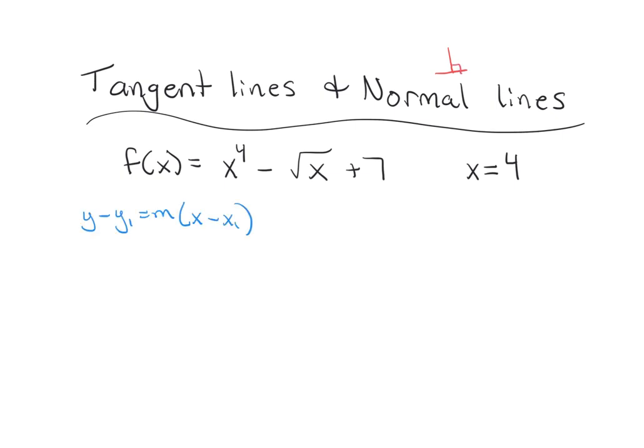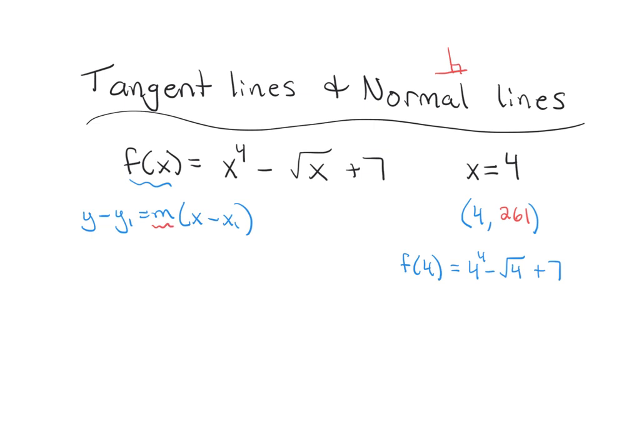To write the equation of the tangent line, we use the point slope formula. At the value of x, we first need to know the y value of this function at 4. When you plug 4 into the function, you will get 261. So there's your x1, y1, and now we need to find the slope.